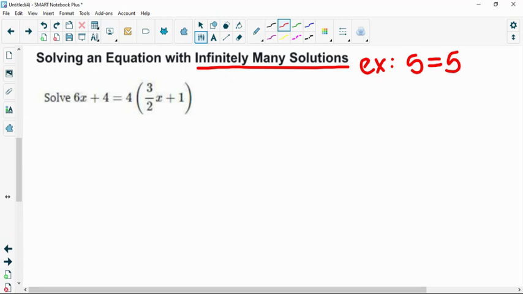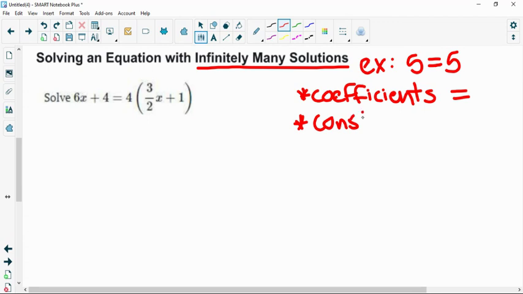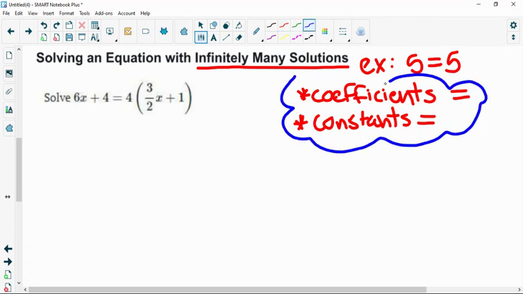There's actually two things we could look for. Are the coefficients the same? And this time, are the constants the same? This is like the hint. The problem is we cannot decide this yet.